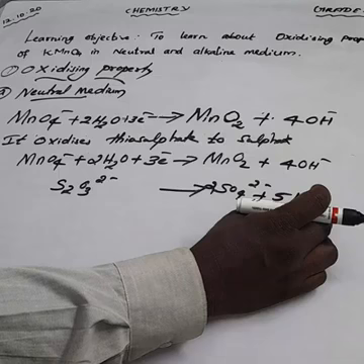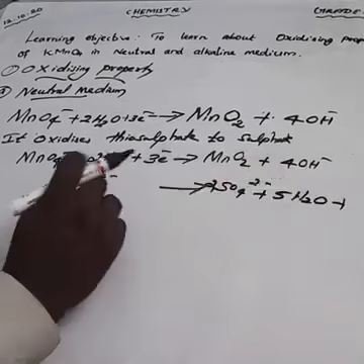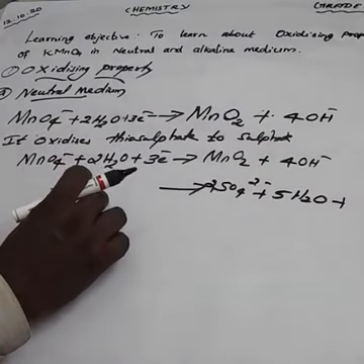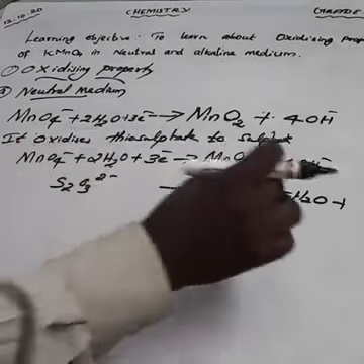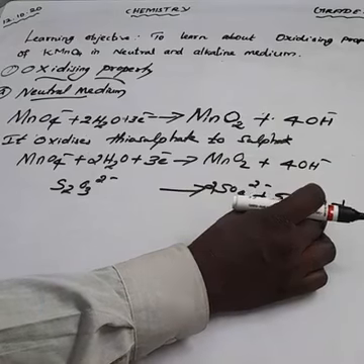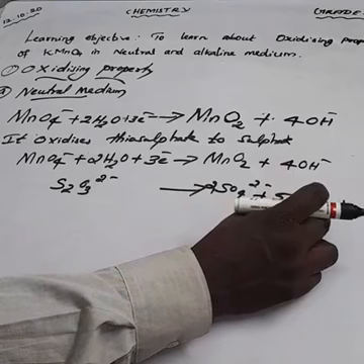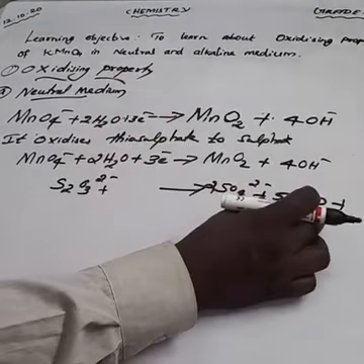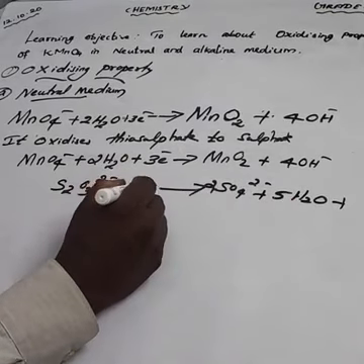So if we are adding 5 water, we should also be adding the OH minus ions. Double the OH, so 5 is 10 OH minus ions.